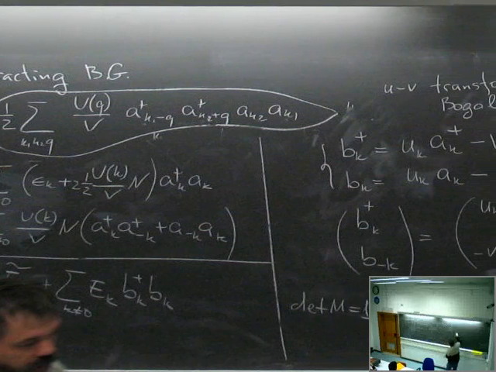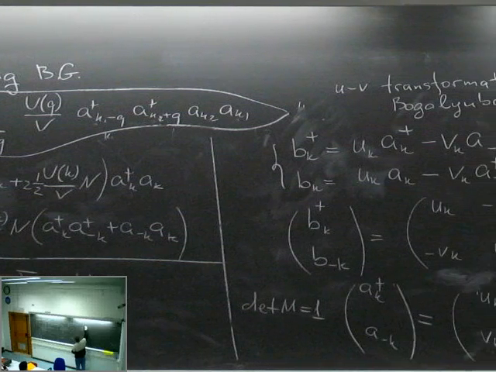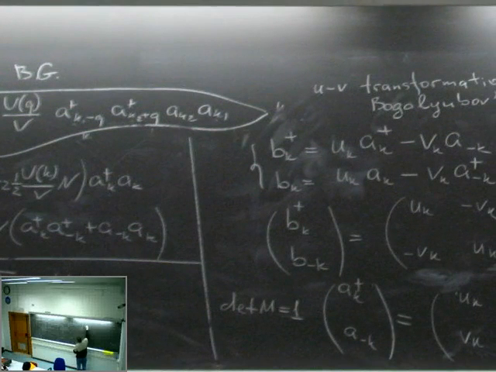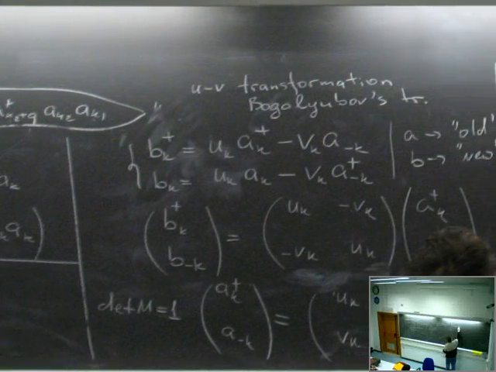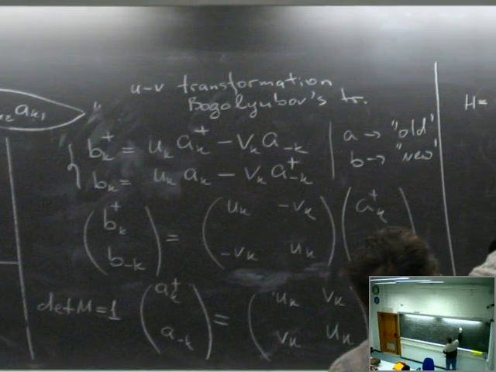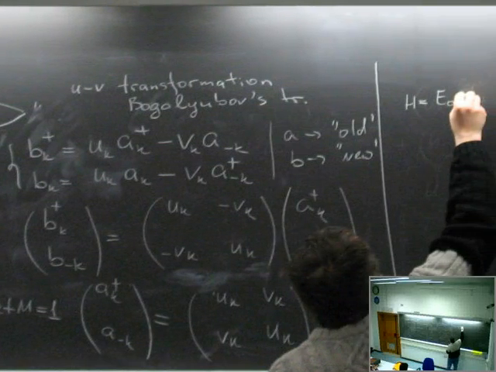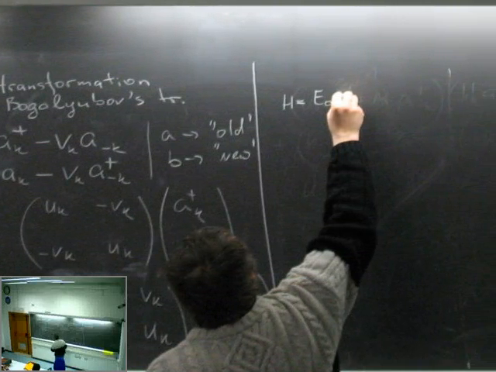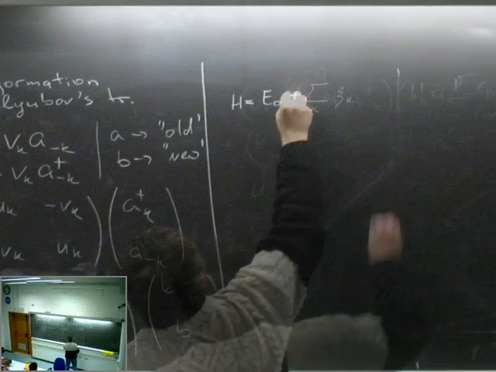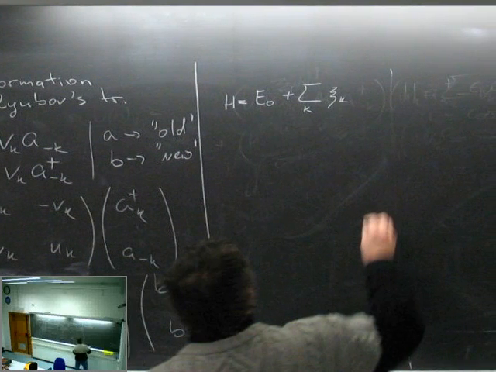Okay, so H is equal to E_0 plus the sum over k. I have psi_k, and now I start to plug in psi_k dagger, which comes from here.